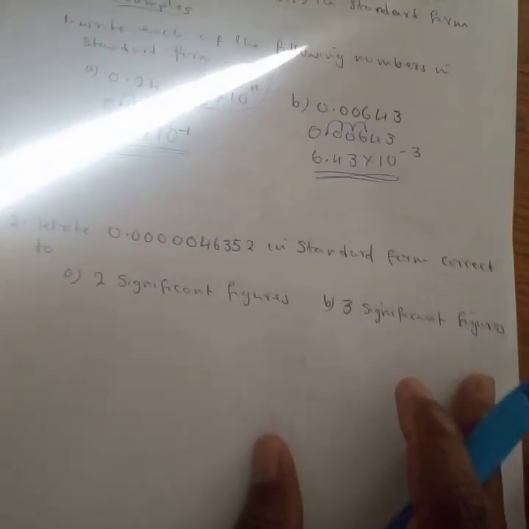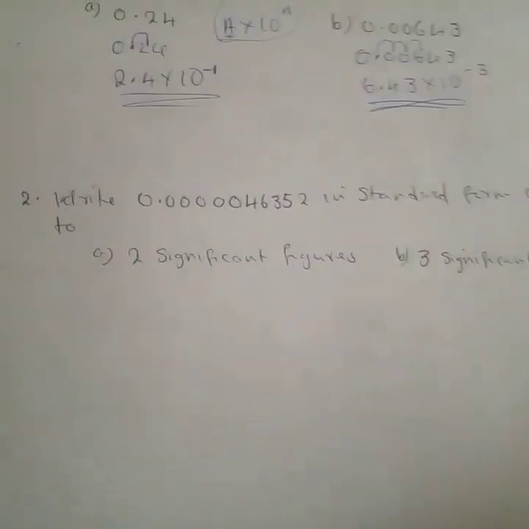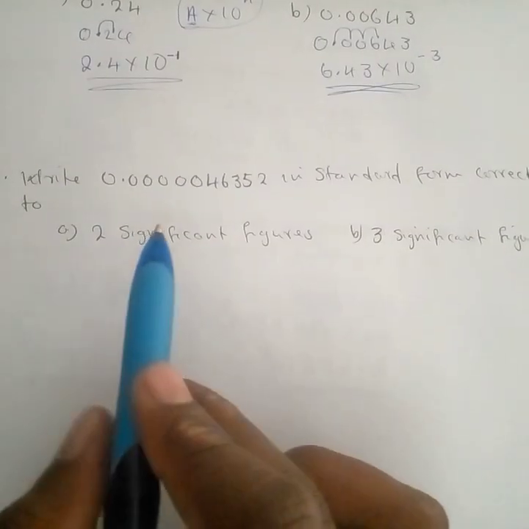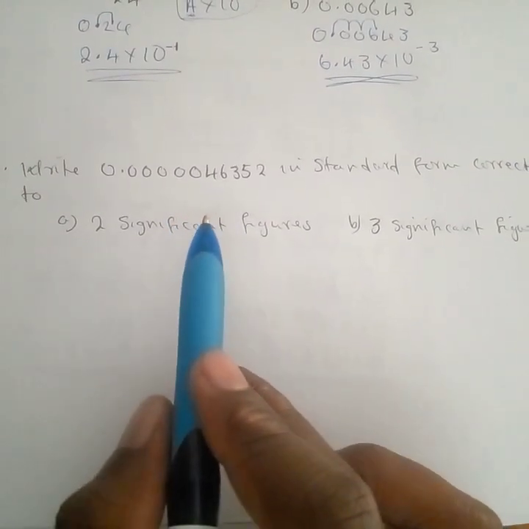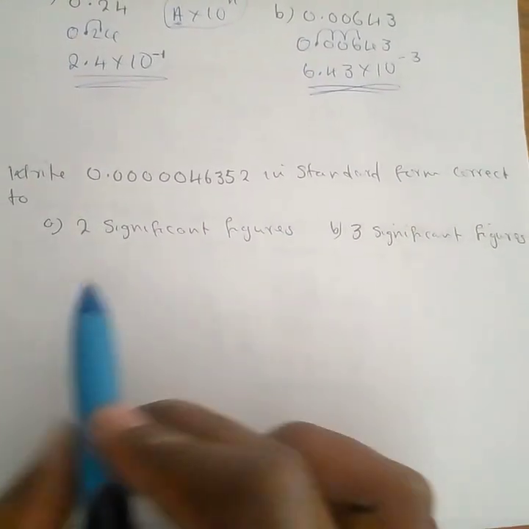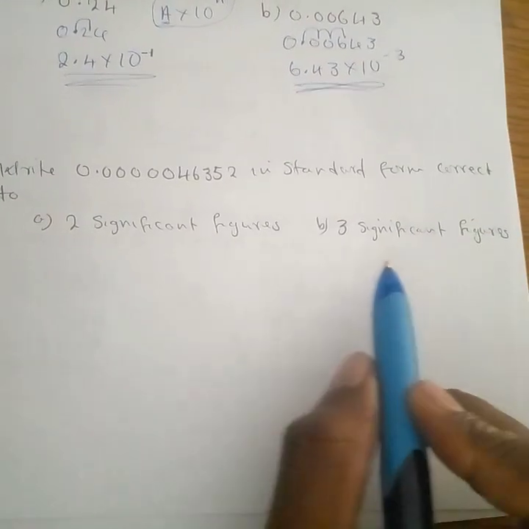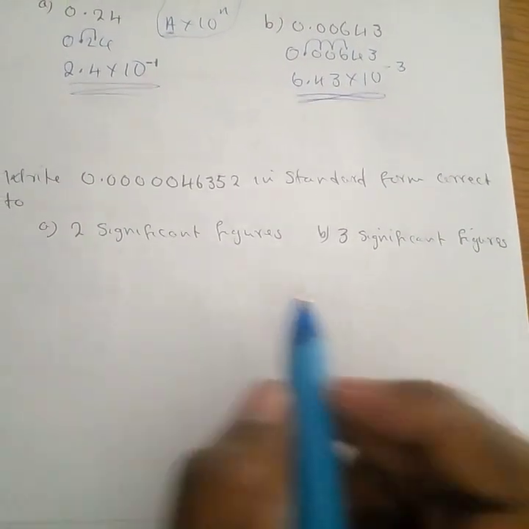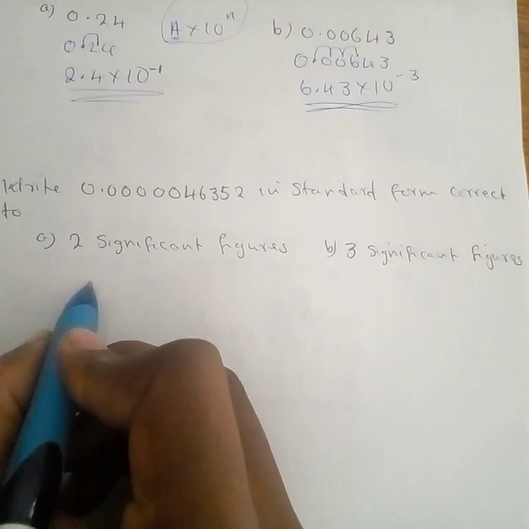Okay. Now, let's look at the second example. The second example is asking us to simply write 0.00000463352 in standard form, correct to 2 significant figures and 3 significant figures. So we're going to write this number. Let's write it here and see.